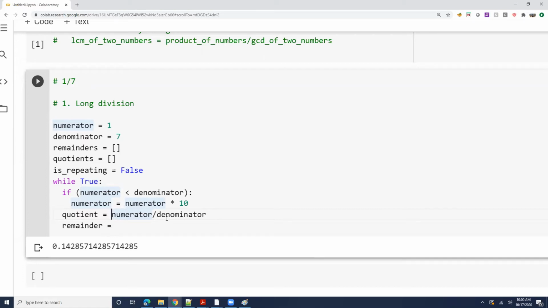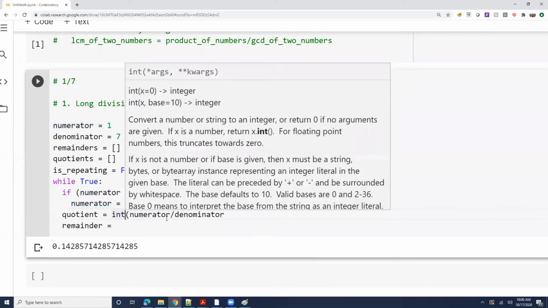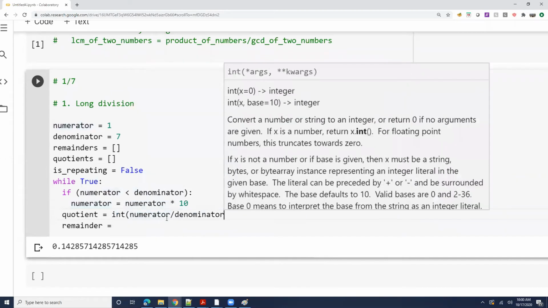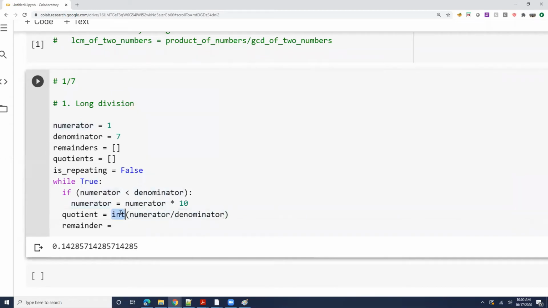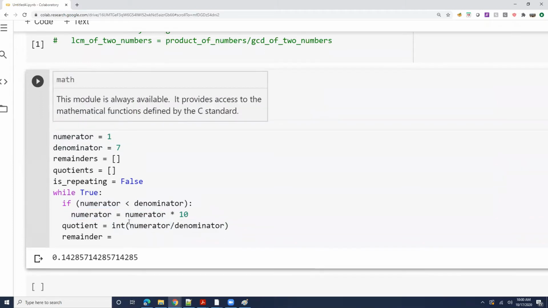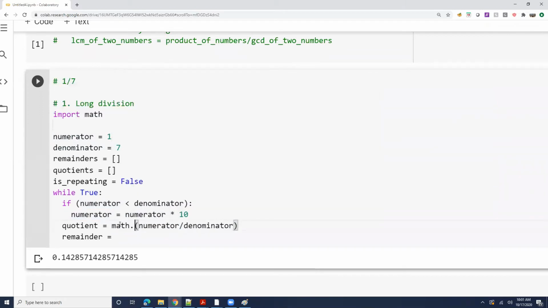Floor, okay. Or you can cast as int. That's also going to work. We can do floor also. So import math and math.floor. How about the remainder? How do you get the remainder?